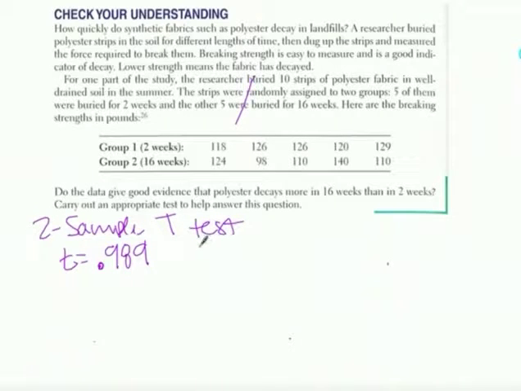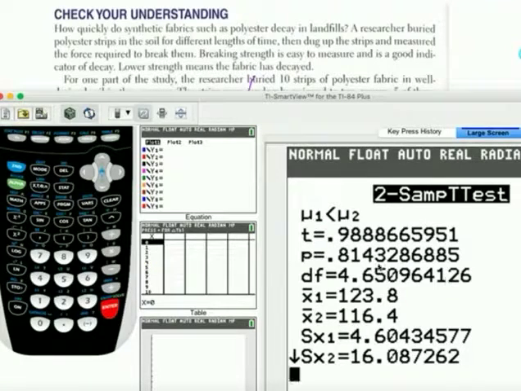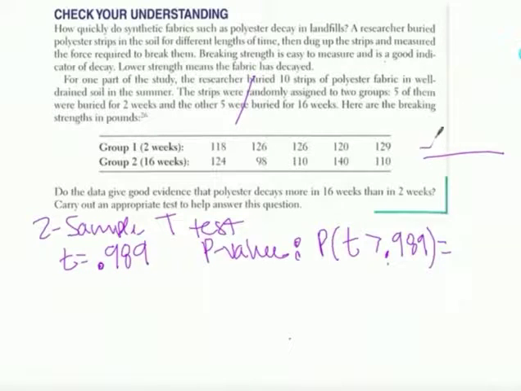And you're going to use that test statistic to help you figure out what your p-value is. To get your p-value, you would be finding the probability that your t is greater than 0.989. And I know it's got to be greater than because of the situation we talked about here. Your p-value is going to have something to do with the p that's here. The p that's here, though, gives you the area that's underneath the curve to the left.